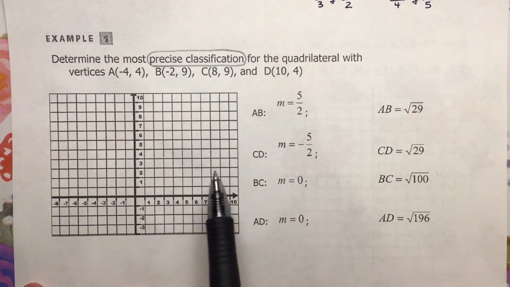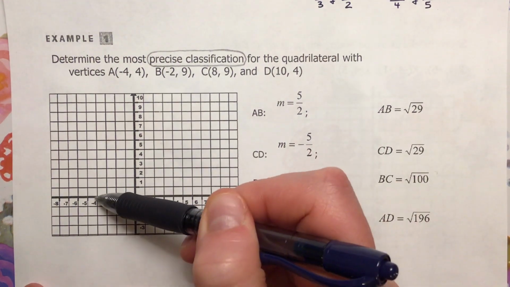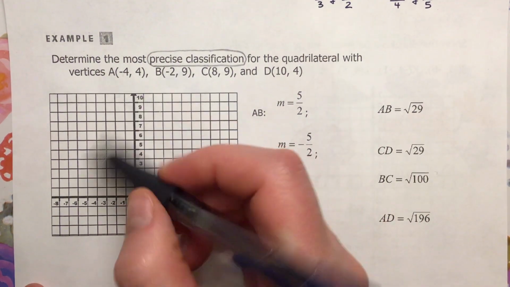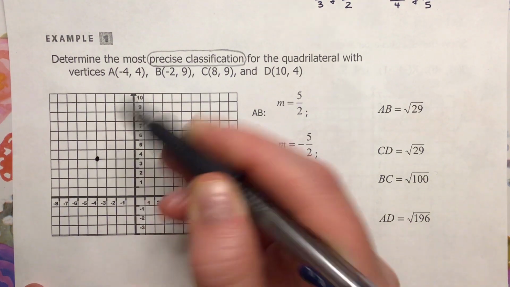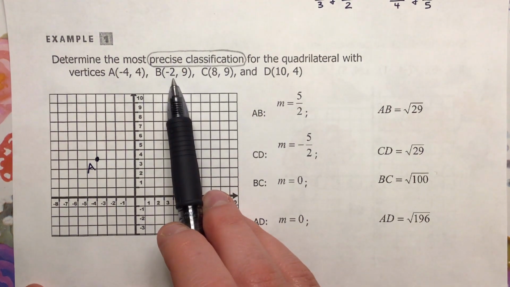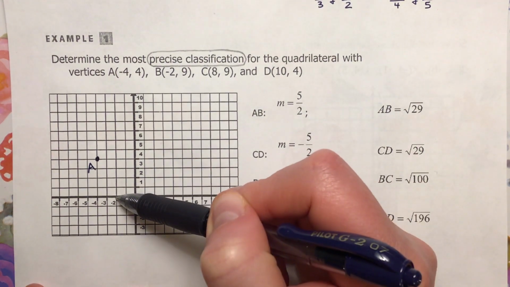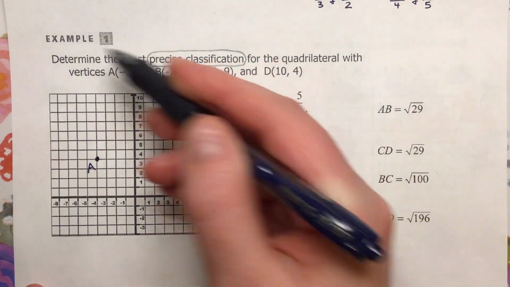We want to graph these first. So A is at -4, 4. So let's do that. -4, 1, 2, 3, 4. Right here. This is A. B is at -2, 9. Right here.